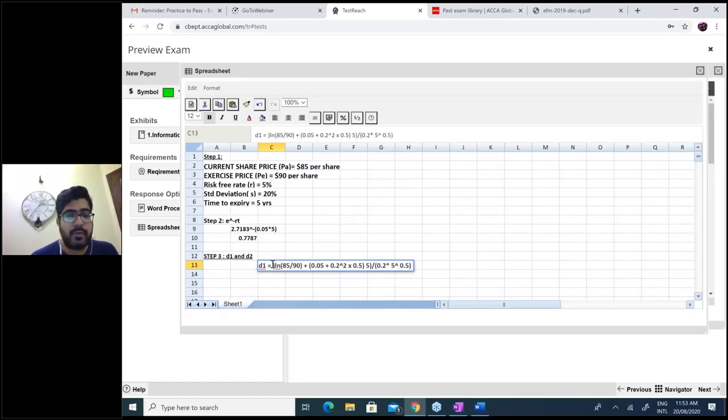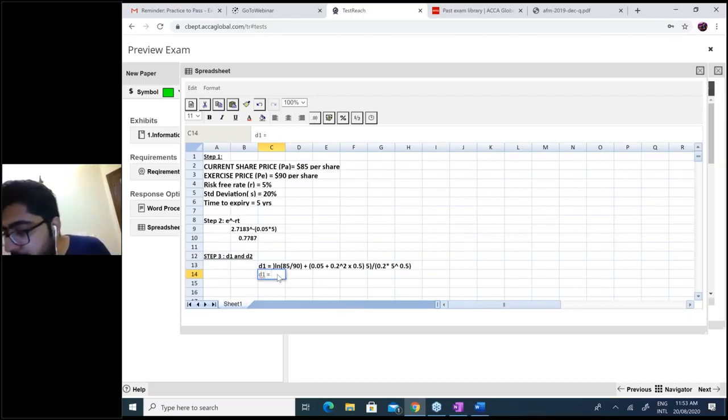Whatever value you are getting for d1, I have an advice for you that d1 value must be restricted to 2 decimal places. Okay, I'm getting the d1 value. Let me calculate. It's 0.64444. I won't take too many decimal places. I would take up to 2 decimal places. 0.644 means 0.64.